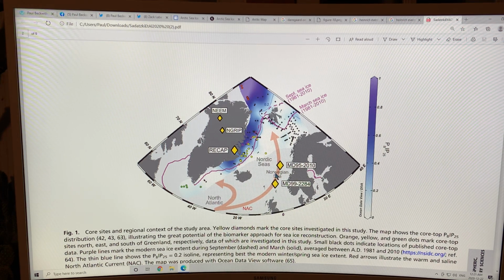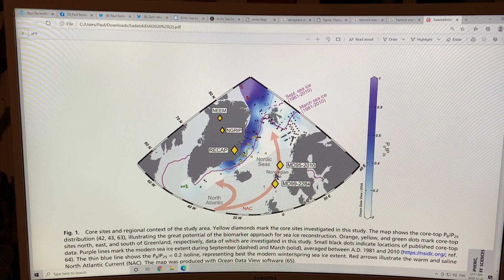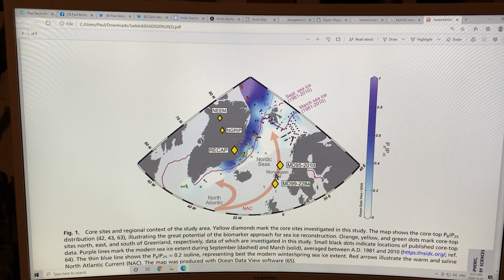We're already seeing tremendous increases in the frequency, severity, and duration of extreme weather events because of the disruption of the jet stream. So this paper gives some clues as to what might happen and how long it might take.